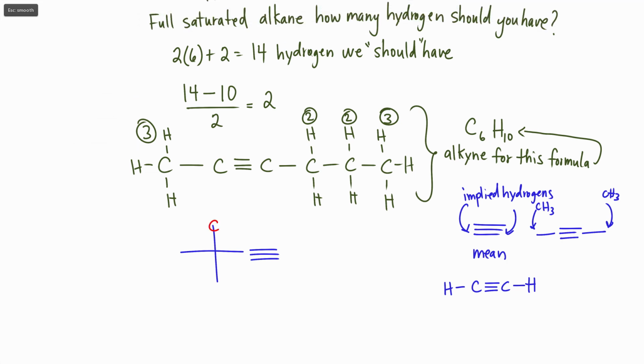Okay, well, this is a what? CH3. This is a what? CH3. This is a what? CH3. This is a C. This is a C. And out here is an H. Very good. So we have 1, 2, 3, 4, 5 and 6. So we do have the C6.